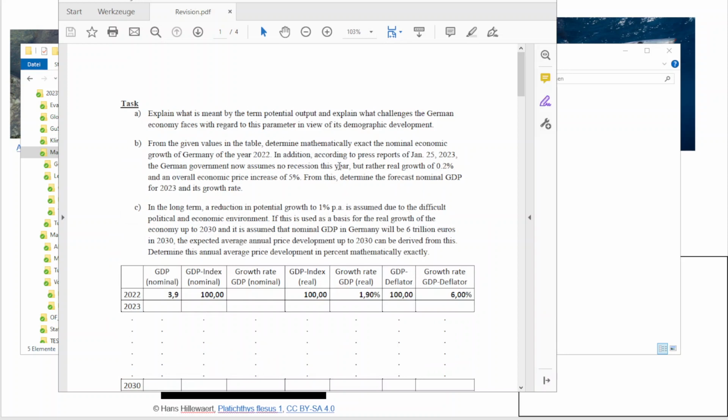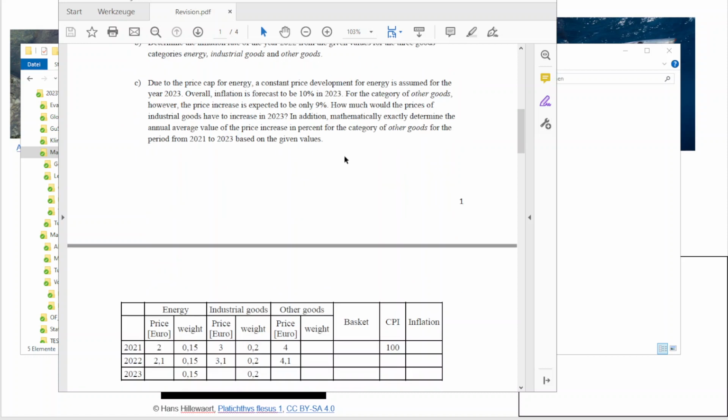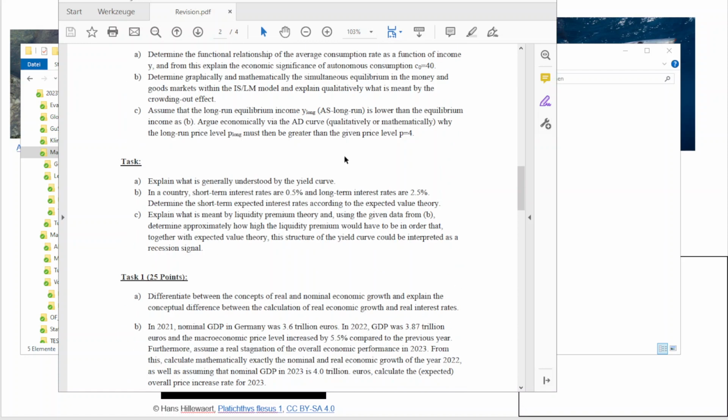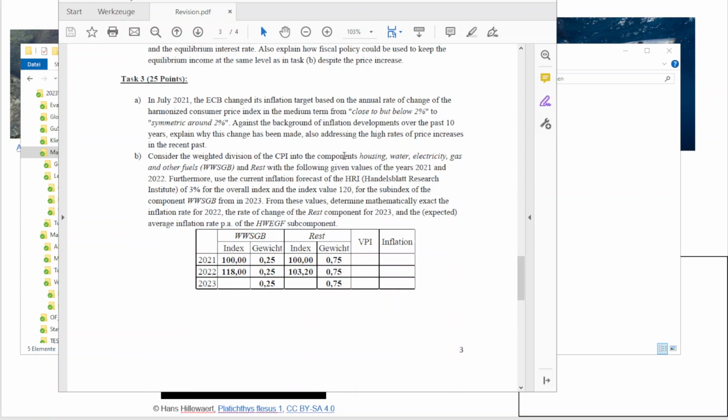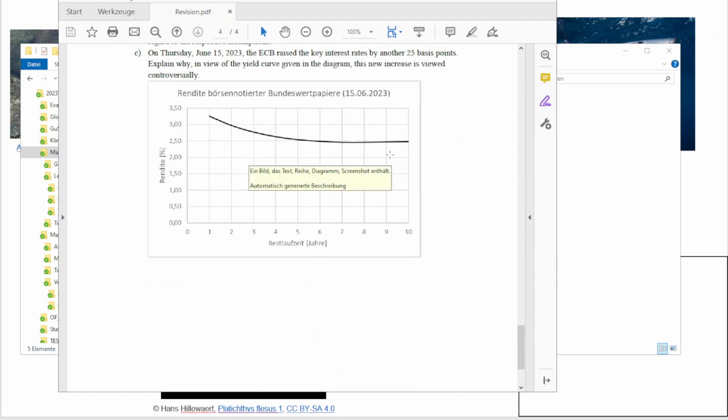These are some questions for revision you can do, maybe in January. Additional possible questions. I will not give you the solutions for these questions. You can go through all this on your own. Please do it together and talk about this. And if you then have problems, of course you can ask me.